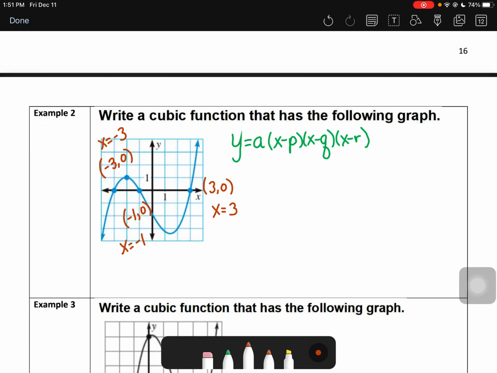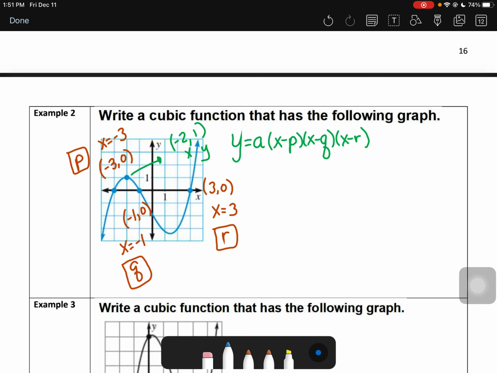These are going to be our p, our q, and our r. We need one other point in order to find our a value, our leading coefficient. This is the one we've been given that we know is exactly on a corner, an exact point without fractions or decimals. That's going to be at -2, 1. So we're going to use this as our x value and this is our y value.